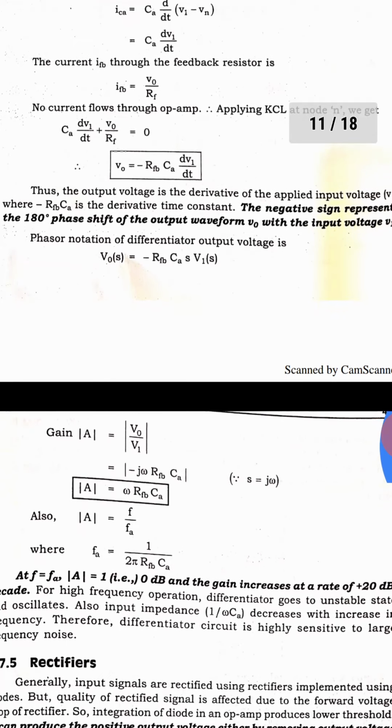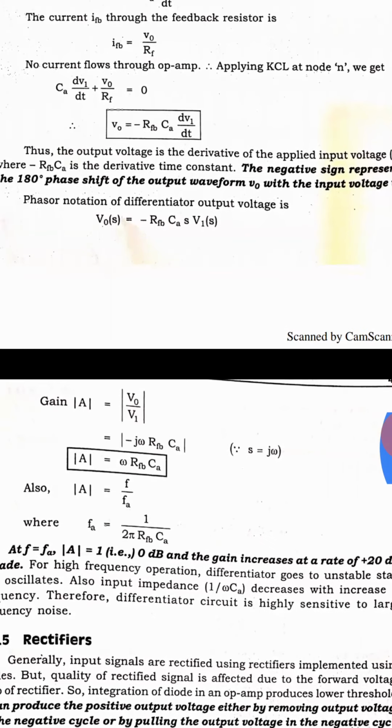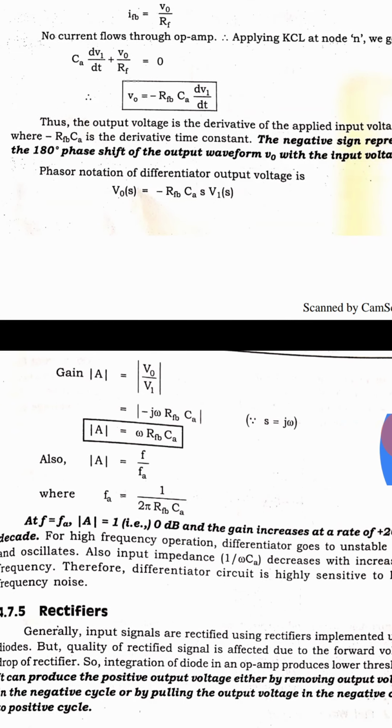For the gain, we can use the phasor representation. So V0 of S is equal to R into C, a constant, times S into V1 of S, since the derivative of V1 by dt is nothing but S into V1 of S, which you have studied in maths. For S, we can substitute j omega.